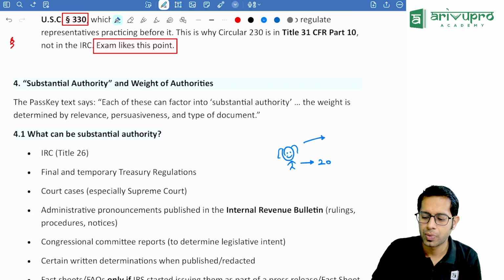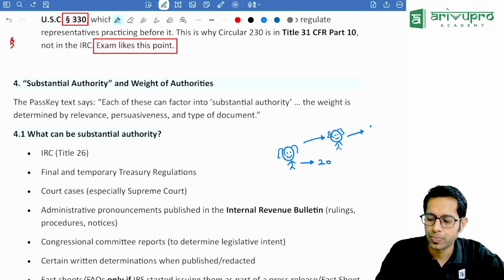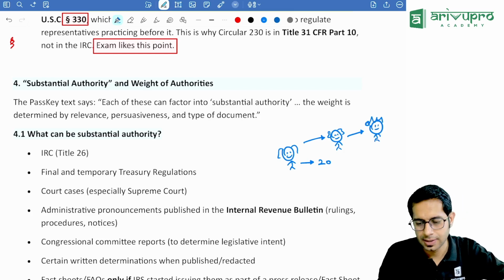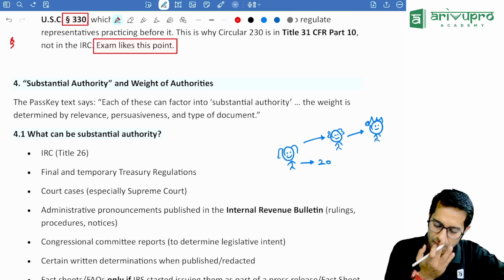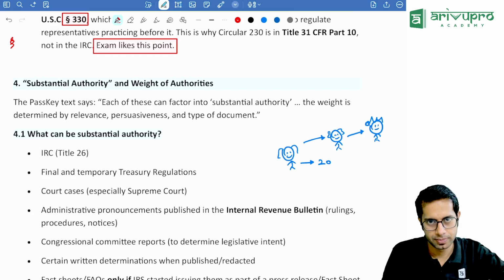Now, you have parents, you have grandparents. Now, at your house, who will have the most authority on you?